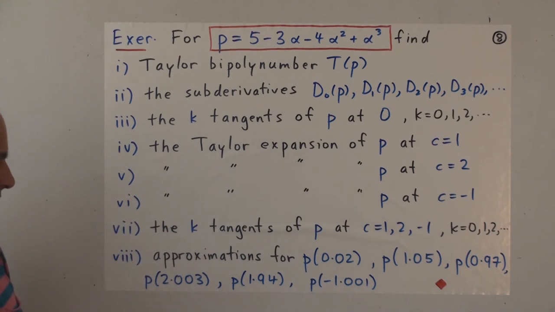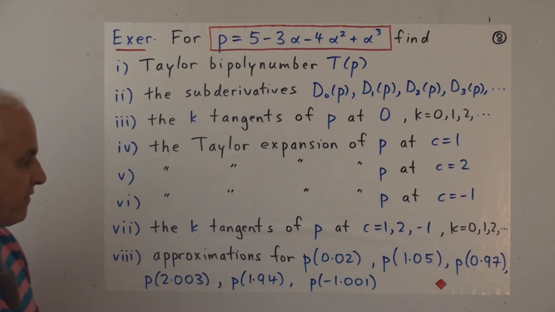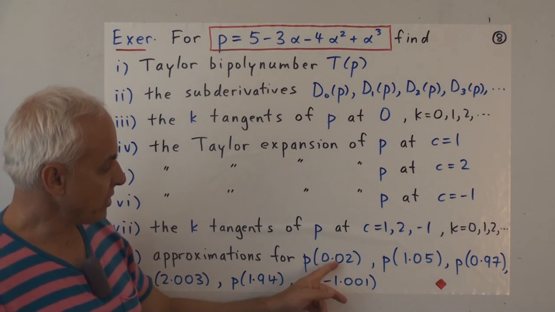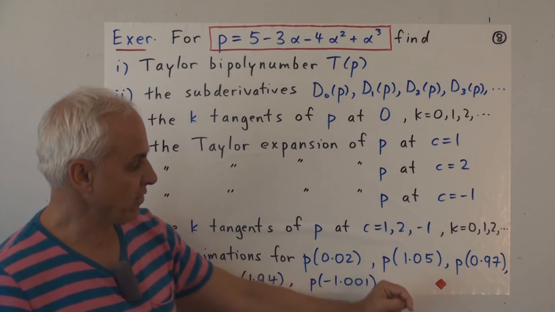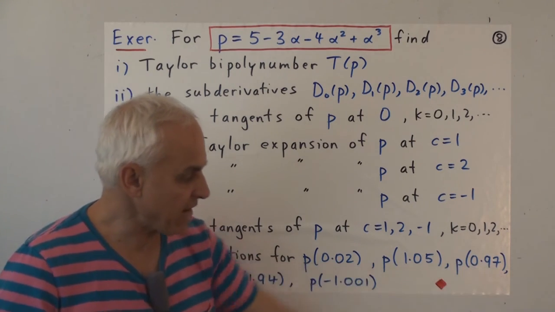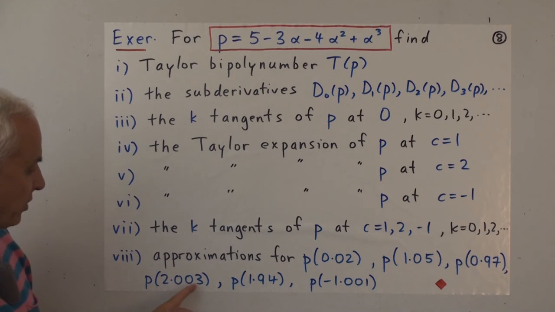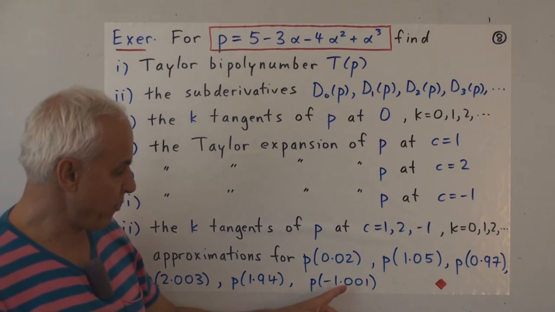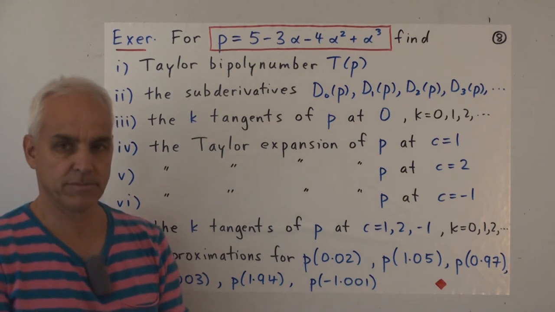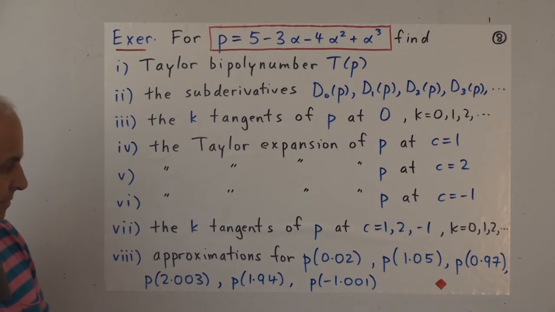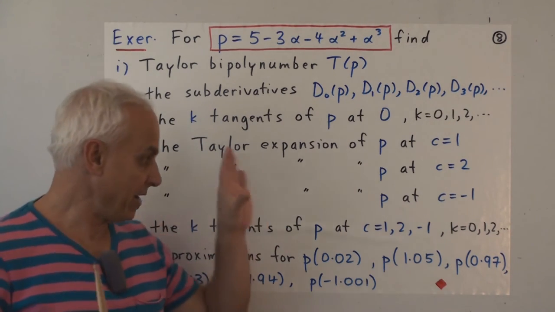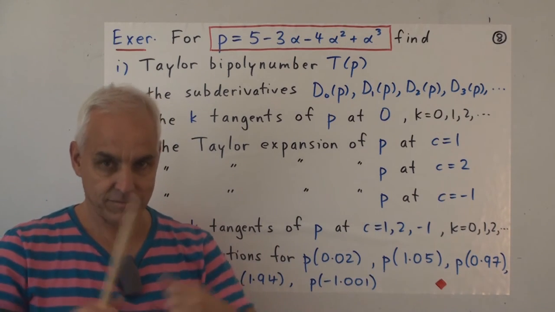And then use those various things to find approximations for, let's say you had to evaluate this thing at 0.02 or 1.05 or 0.97 or 2.03 or 1.94 or minus 1.001.